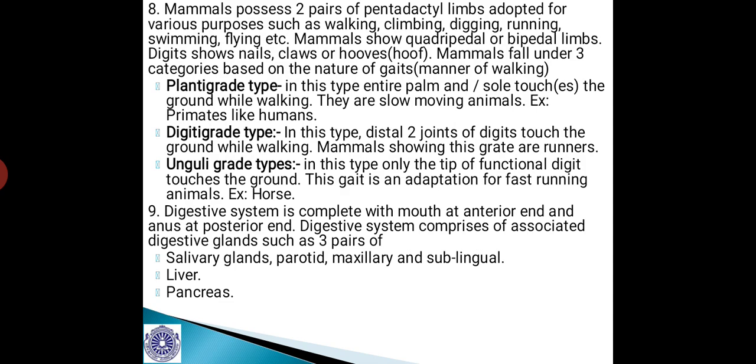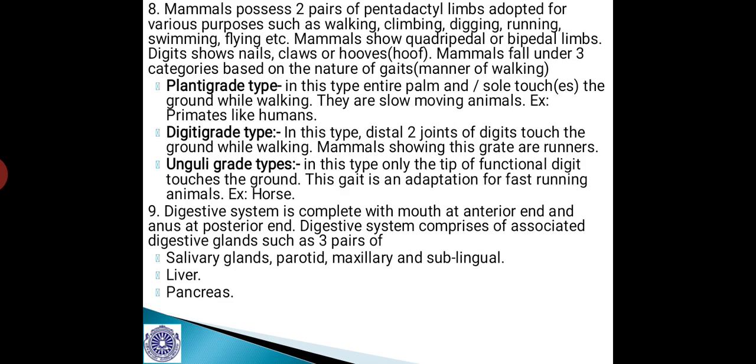Then digestive system is complete with mouth at anterior end and anus at posterior end. And the digestive system comprises associated digestive glands such as three pairs of salivary glands: parotid glands, maxillary glands and sublingual glands. So these are the types of salivary glands present in mammals.